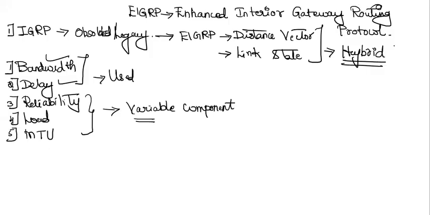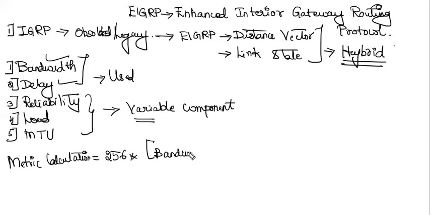We also have a metric calculation for EIGRP, and that is represented as 256 multiplied by bandwidth plus delay.